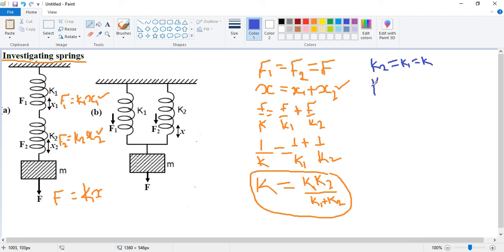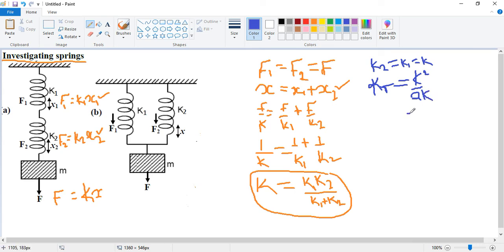So if the springs are identical, each with the spring constant K, because in the exams they will give you springs which are identical, it means K1 and K2 are the same. So I'm substituting in this expression here. K total will be K times K over K plus K, which is going to be equal to K squared divided by 2K.